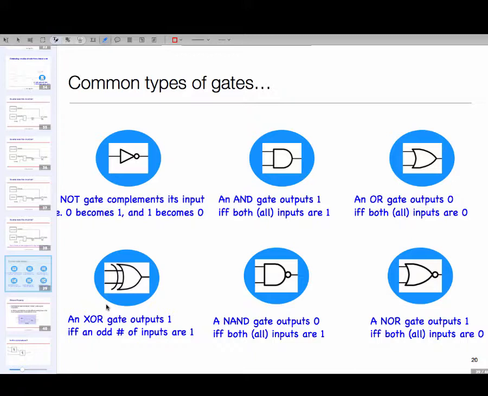There is also something called XNOR, and as you might imagine, XNOR is nothing but an XOR with an inversion at the output, so a bubble at the output. Generally speaking, anytime you see a bubble, that means there is a NOT gate. For example, I could draw something like the following.